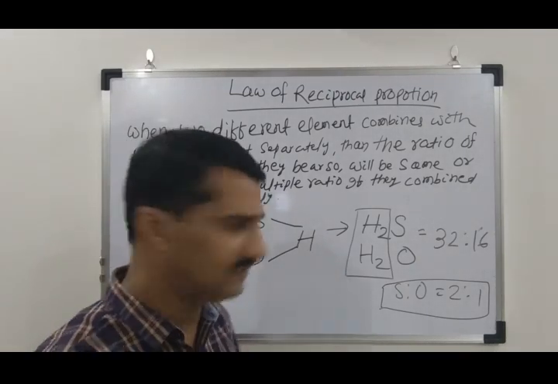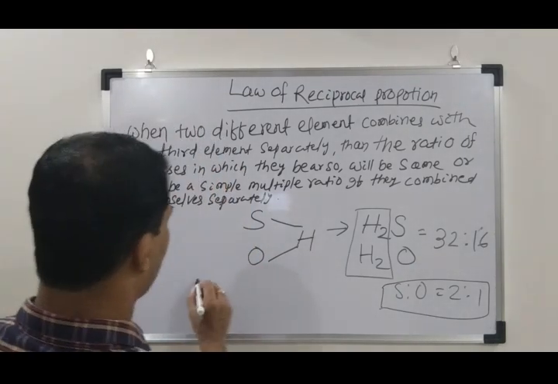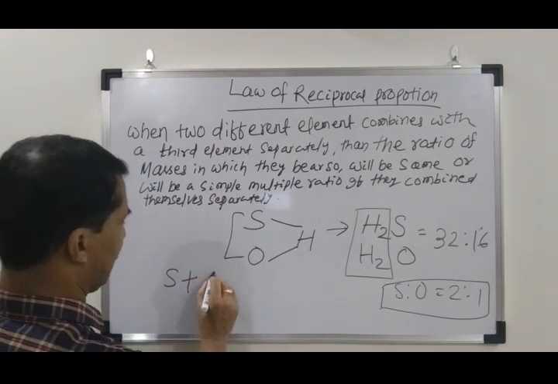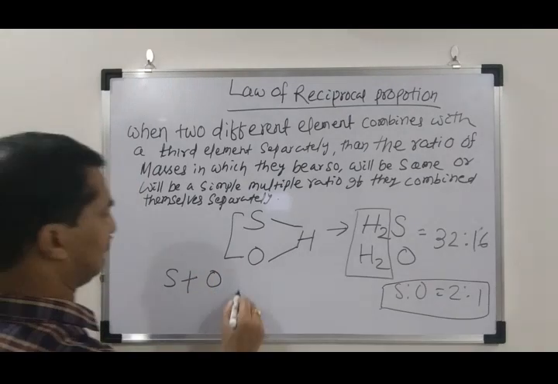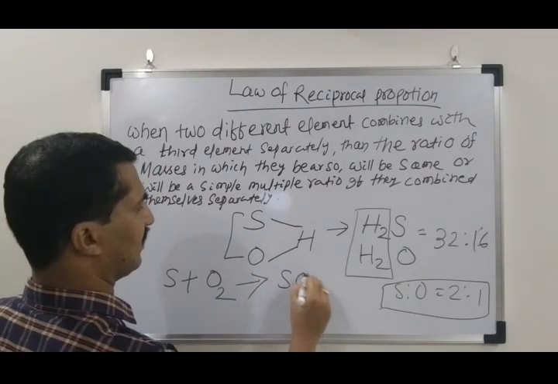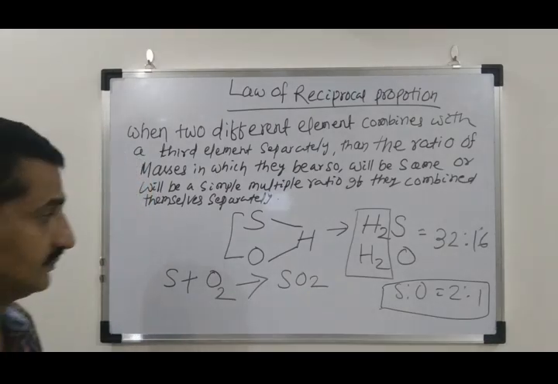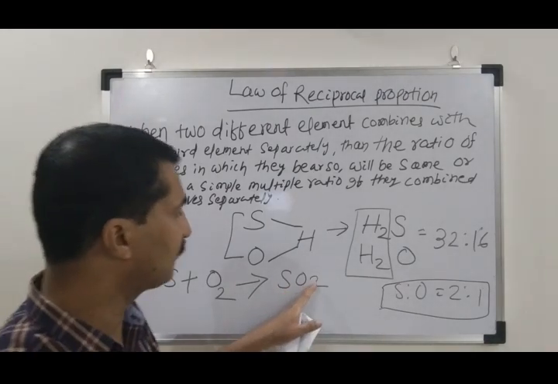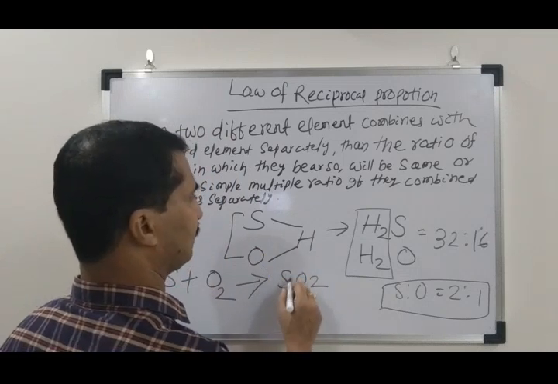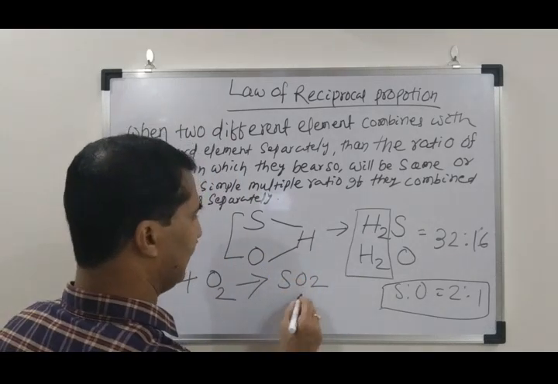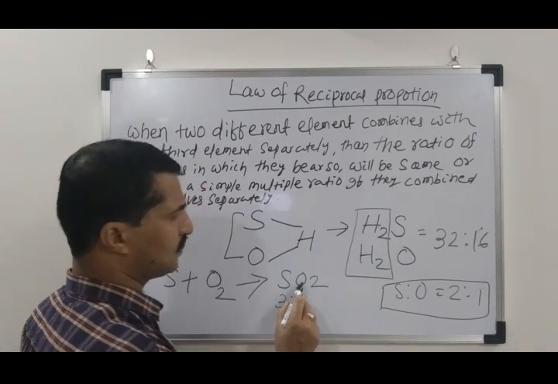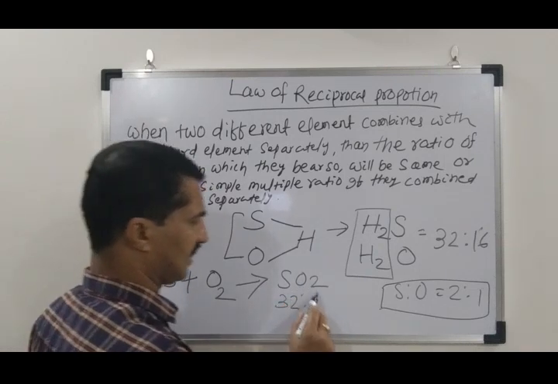Now let us check when sulfur and oxygen are reacted separately. If it reacts, then it will form a product called sulfur dioxide. If I take the ratio of sulfur and oxygen here, the atomic mass of sulfur is 32, and here there are 2 atoms of oxygen, correct?